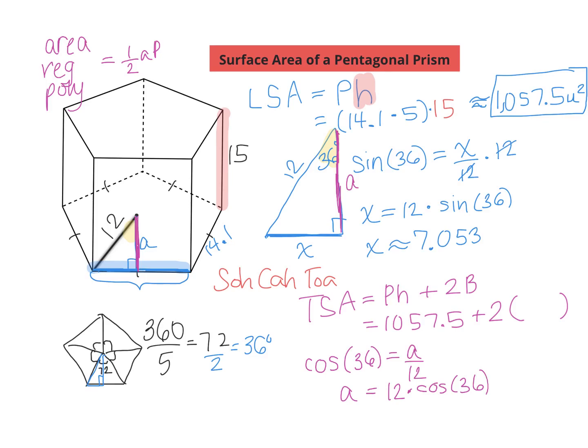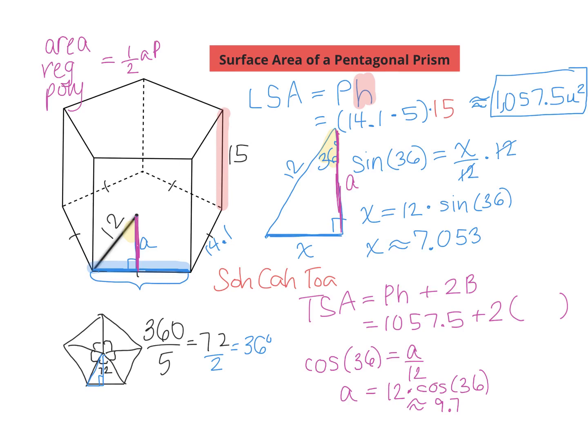Let me plug that into my calculator. So 12 times cosine 36 degrees is going to give us about 9.708. Let's round that to, I guess we can leave it as 9.7. So our apothem is 9.7.